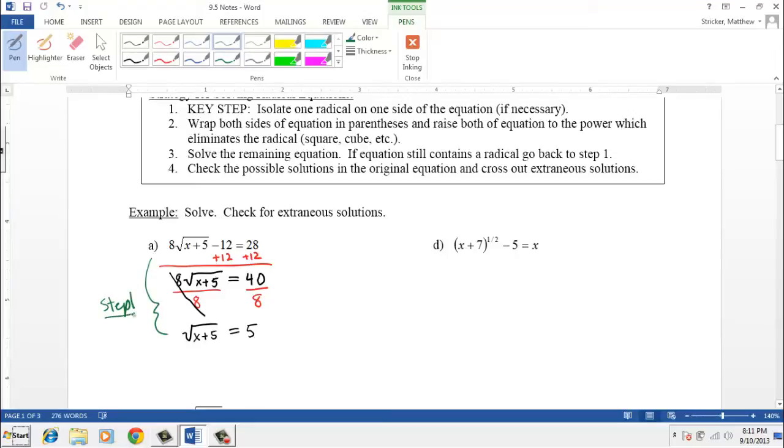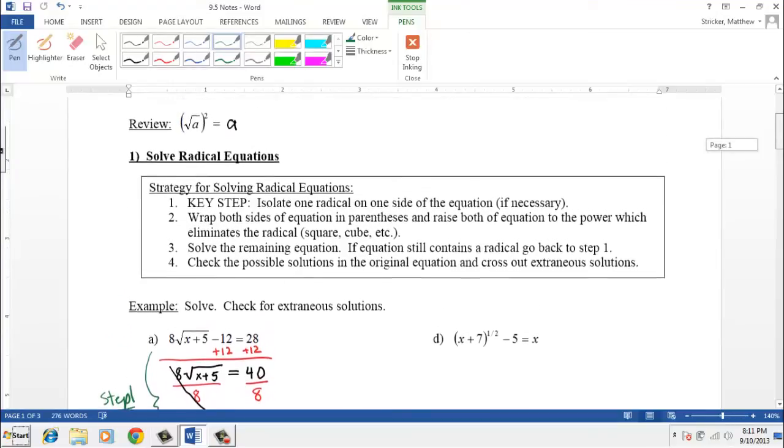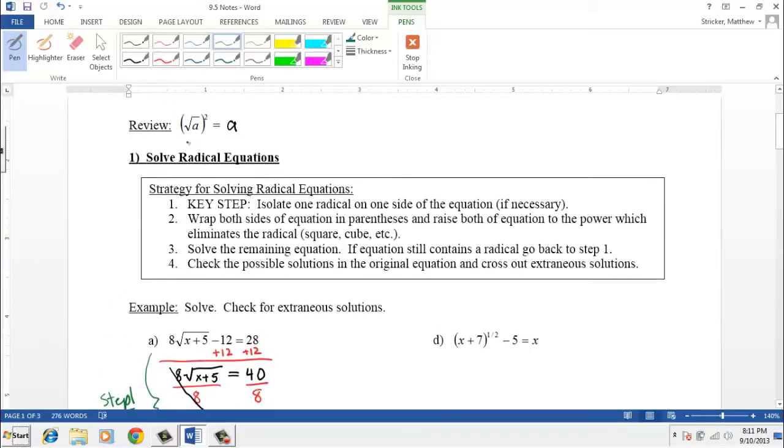So we move to step 2. Step 2 says wrap both sides of the equation in parentheses and raise both sides of the equation to the power which eliminates the radical. Since here we have a square root, just like we reviewed at the very beginning, how do we undo a square root? By squaring.